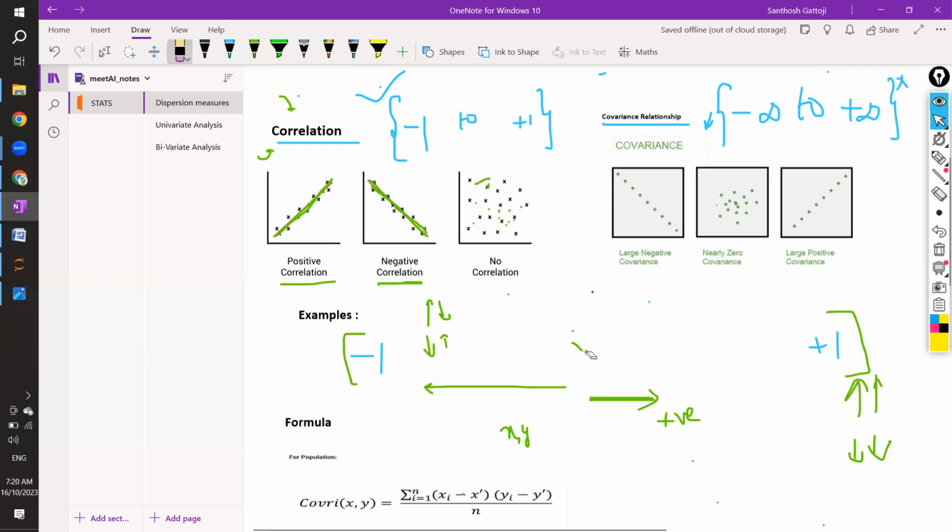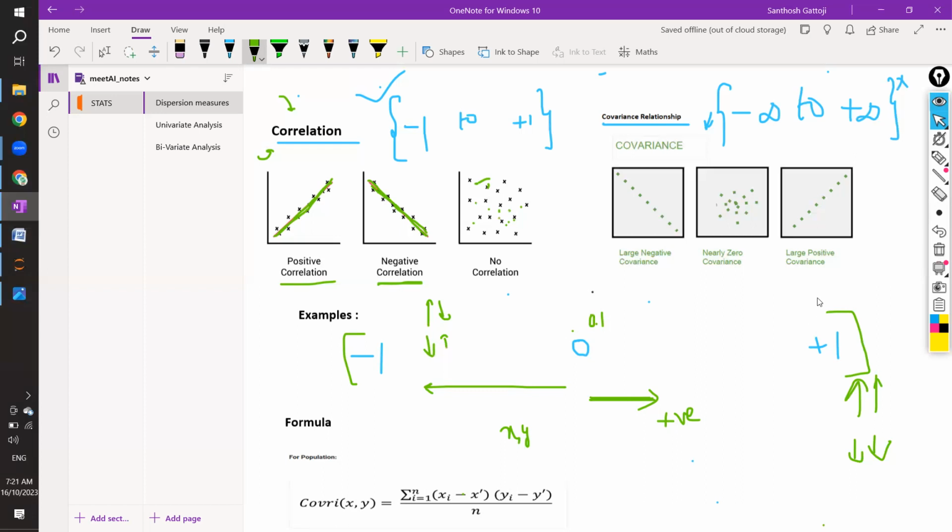So now here there is one more simple point. As I said, if the value is positive, what are the possible values for a positive correlation? It will start from 0.1, because if it is 0, it is no correlation. It has to be greater than 0; I'm just taking 0.1.